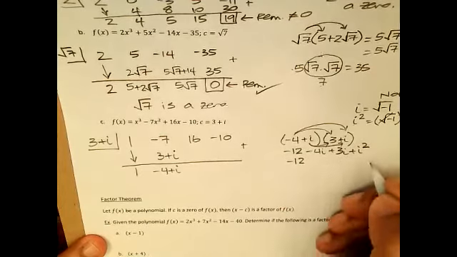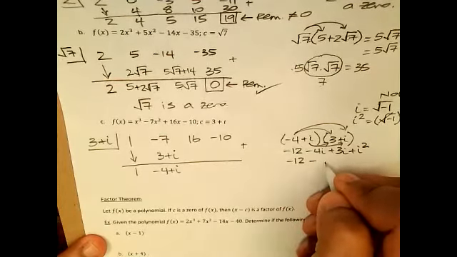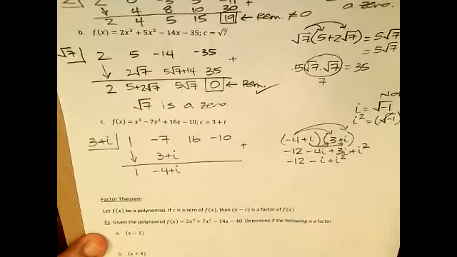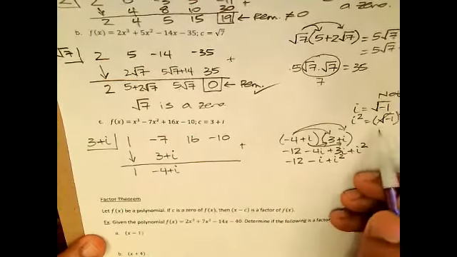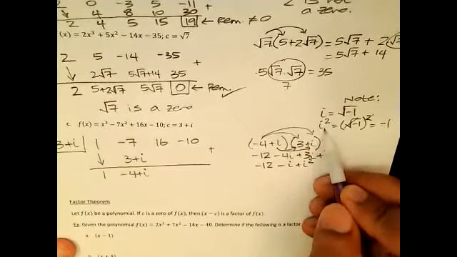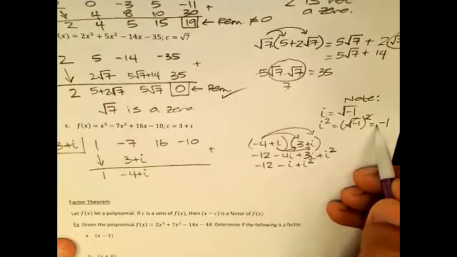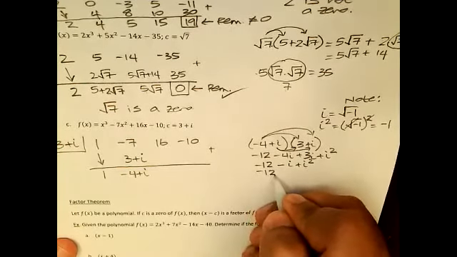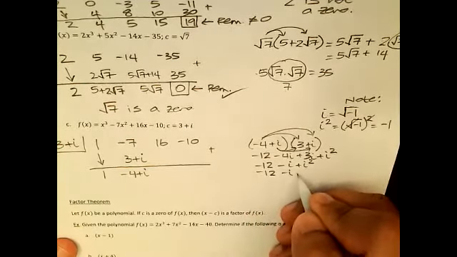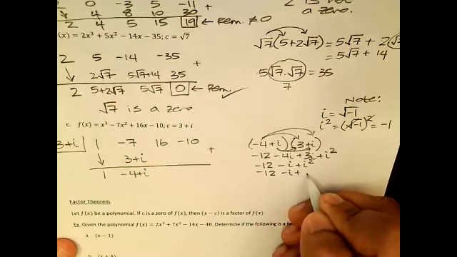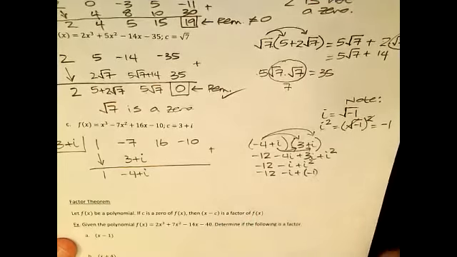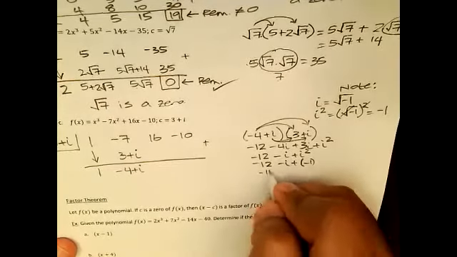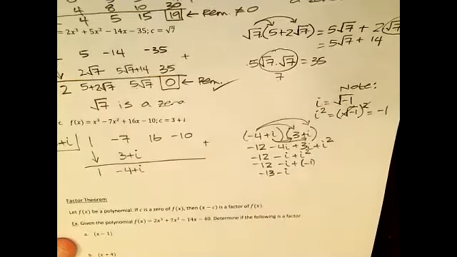That's the same thing as -12 minus i plus i squared. Now, remember, up here we talked about how if you have i squared, that's the same thing as -1. So I can write that as -12 minus i plus a -1. So if I combine the -12 and the -1 together, that's -13 minus i.